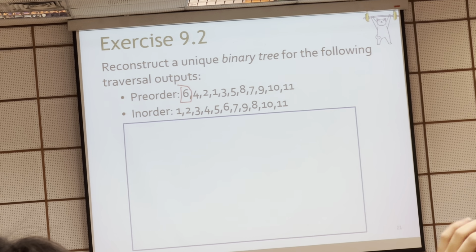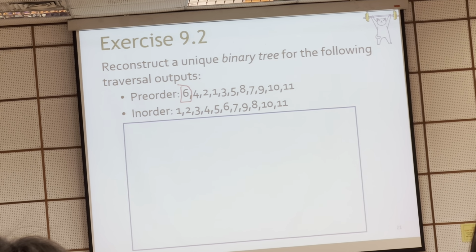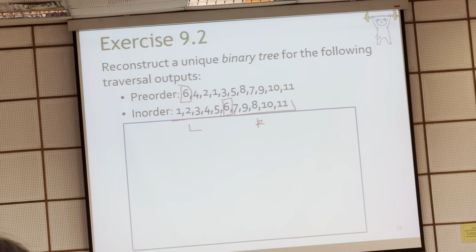I know my in-order: in between, I have a root. Whatever is before it is my left subtree, whatever is after is my right subtree. So now I know my root is 6. All this is my left subtree, and all this is on my right subtree.